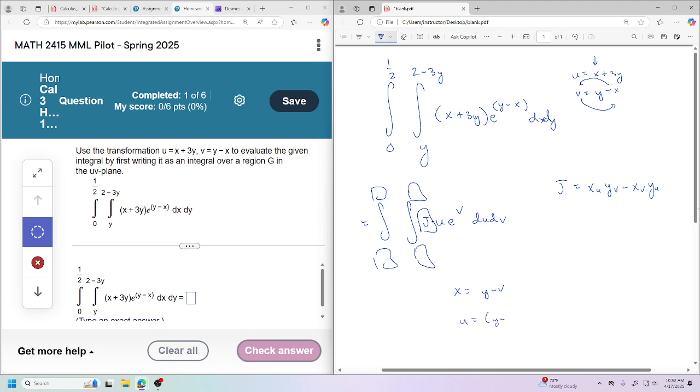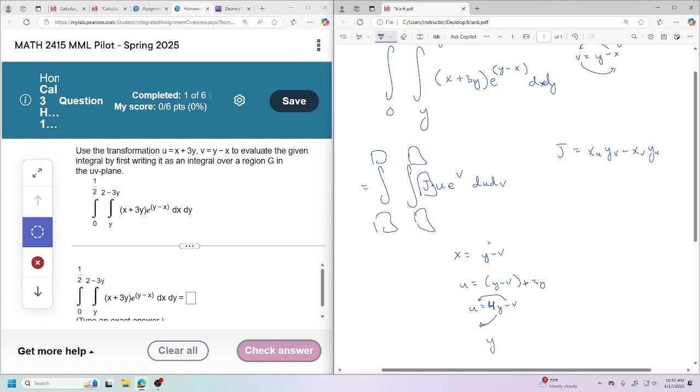So u is equal to y minus v plus 3y. Combine my y's. That's a 4y. That's a u. Move this over, divide by the 4, and I got y is equal to u plus v all over 4. I'm going to plug that in. This is technically 4 over 4, so I believe I get a negative 3v over 4.